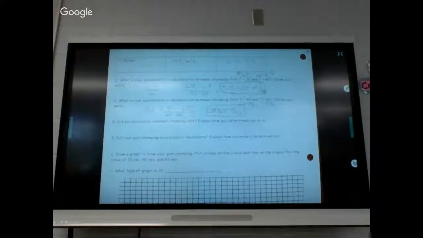Okay, so what kind of graph is it? Constant speed, average speed, increase in velocity, decrease in velocity, what? Average. You're right there. And then 60 to 100. That's right.